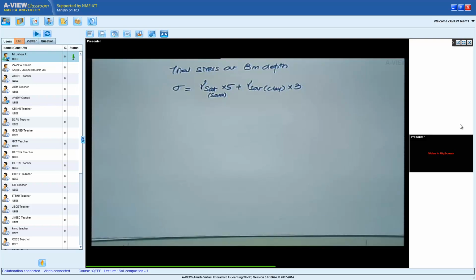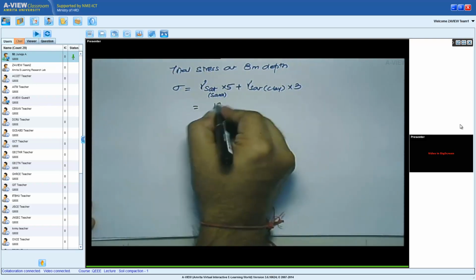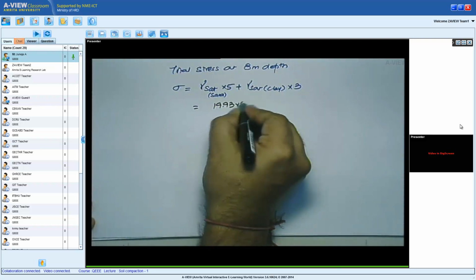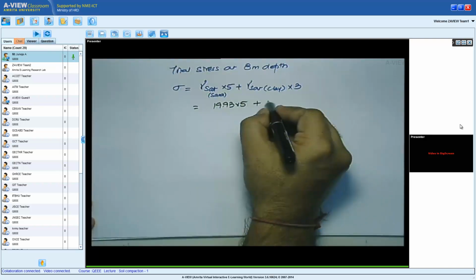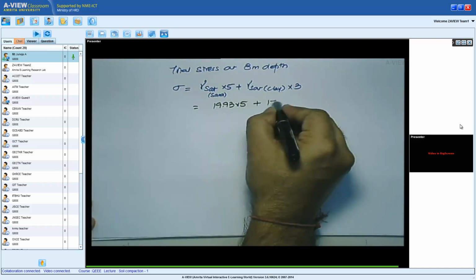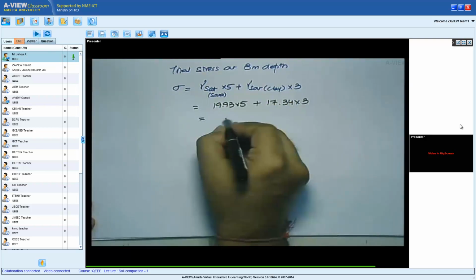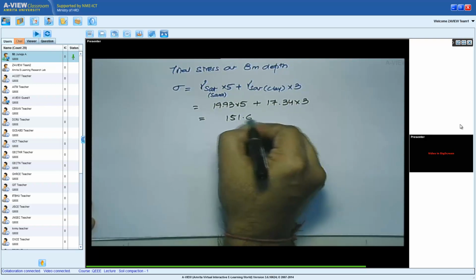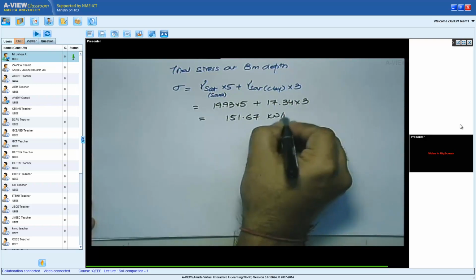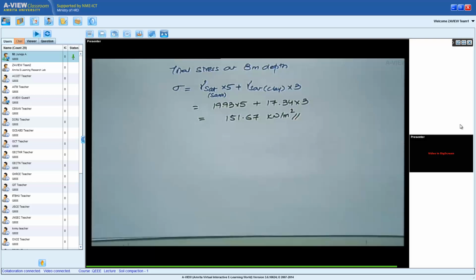That gives me 19.90 times 5 plus gamma saturated of clay, 17.34 times 3, which should give you 151.67 kilonewton per meter square or kilopascal.